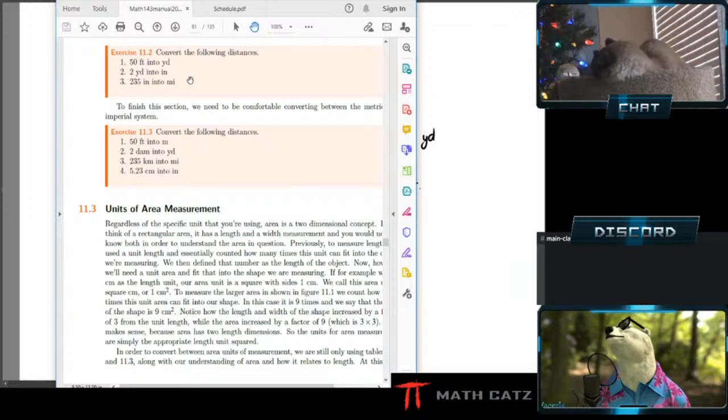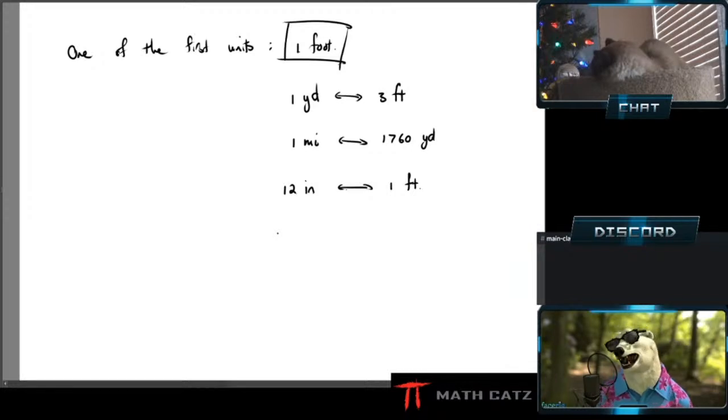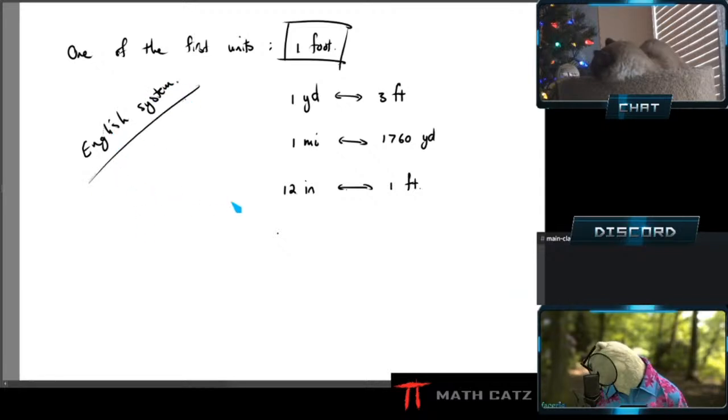It says, and this is going to be my basic question: convert the following lengths or distances: 50 feet into yards, 2 yards into inches, the number of inches into miles, and any combination of those within this English system. Whoopsie. Let's call this the English system. Right. So let's do that first.